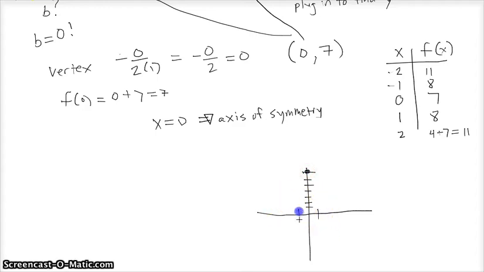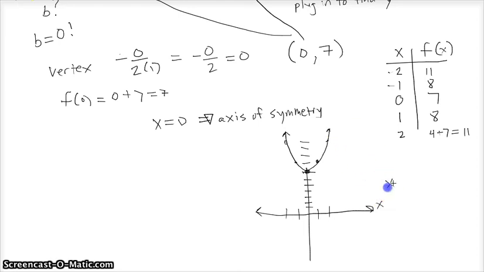I have two points at 1 and negative 1, 8. So I have this parabola that's going up. So the question is, how is this going to hit the x-axis?